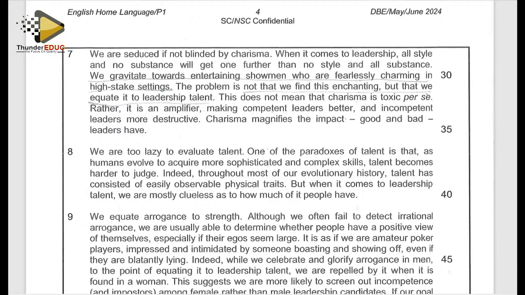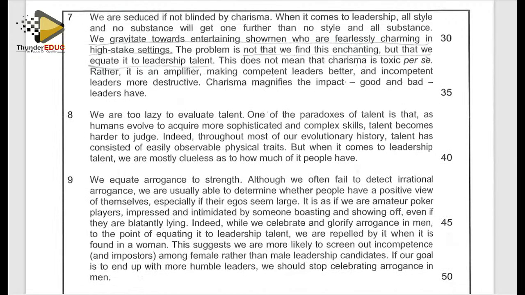He uses his opinion on generalizing. He is generalizing on what happens when we are charmed by leaders and blinded by their charm. This is, he says, toxic per se.